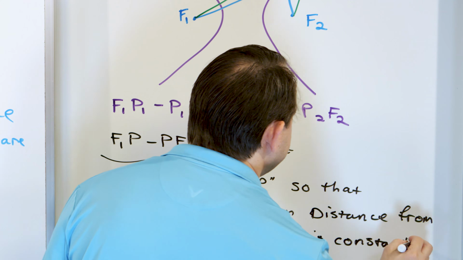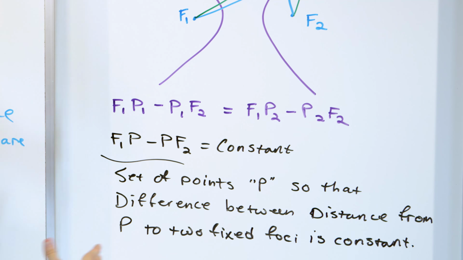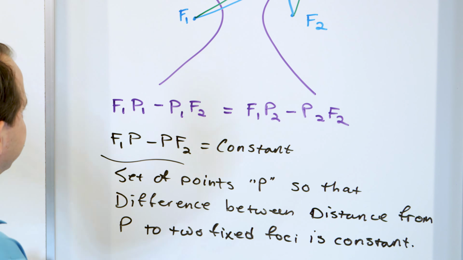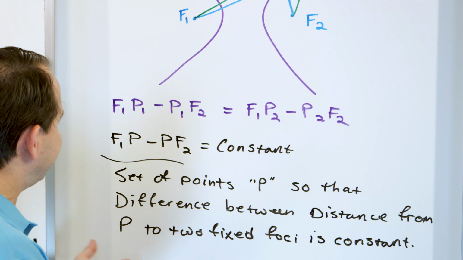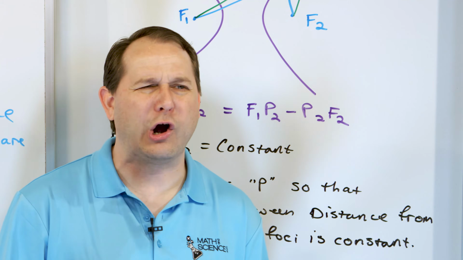This is why it gets hard to understand. If I give this to anybody and just say, here's what a hyperbola is, you're not going to understand it because it doesn't make intuitive sense. The set of points P such that the difference between the distances from P to two fixed foci is a constant. It's so hard to understand.